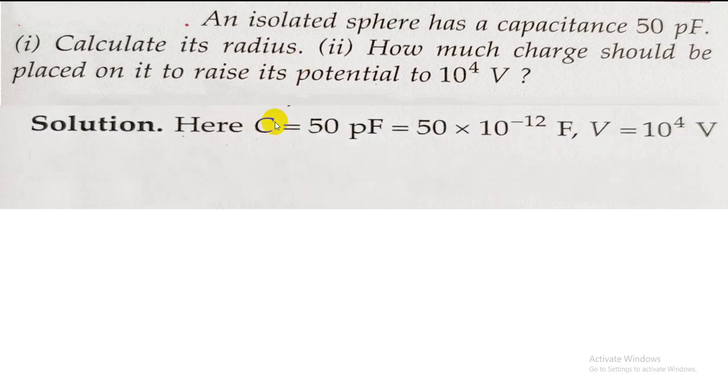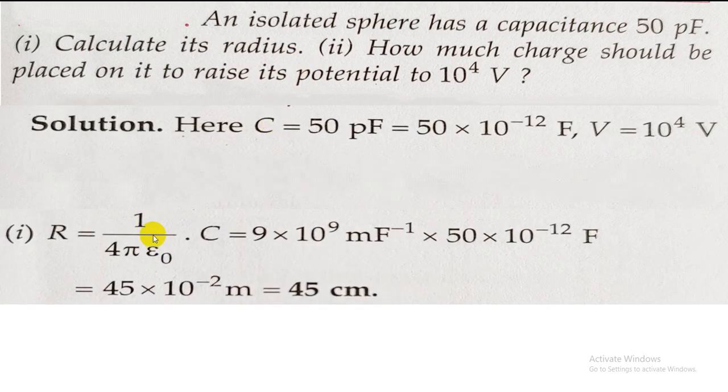So naturally the value of r will be given by C divided by 4 pi epsilon naught, because C is 4 pi epsilon naught r. All the values you know, so it can be calculated. The answer comes out to be 45 centimeter.